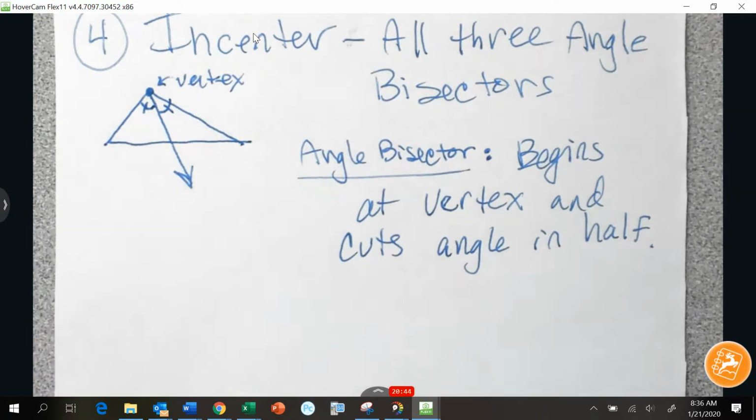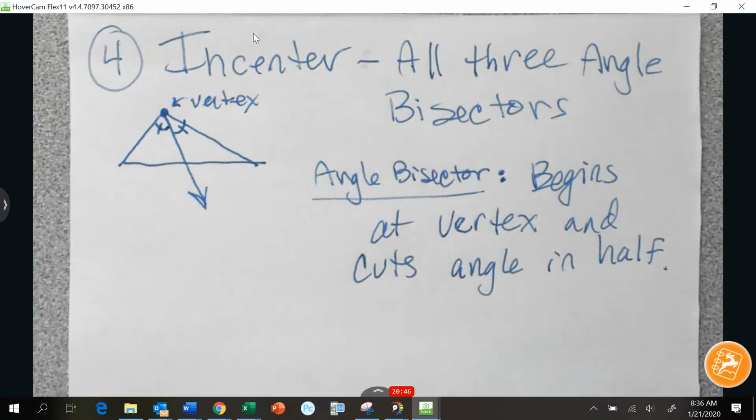Was there one that asked about in-center? Or were there only 3 on the quiz? Maggie? Well, read the directions. There were 3 graphs.